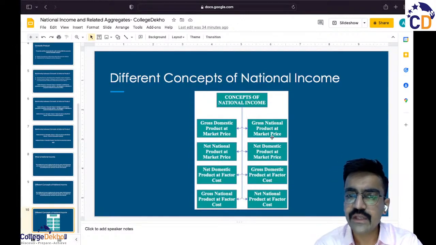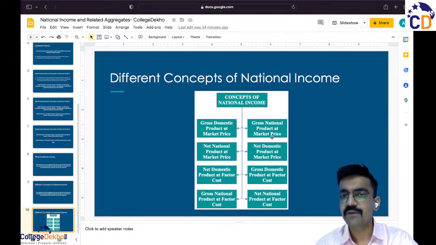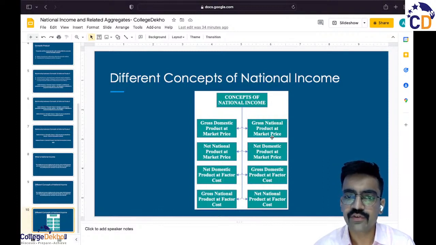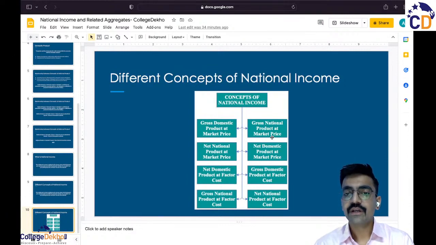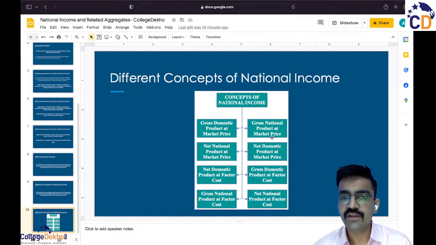So just these three basic distinctions are different, and if you understand the basic distinction between these terms, between gross and net, between national and domestic, between market price and factor cost, right? If you understand the basic terminology, what these terms mean, it would be very easy for you to understand these different terms. These may look complicated, but it is not the case. You just have to understand the basic terminologies.